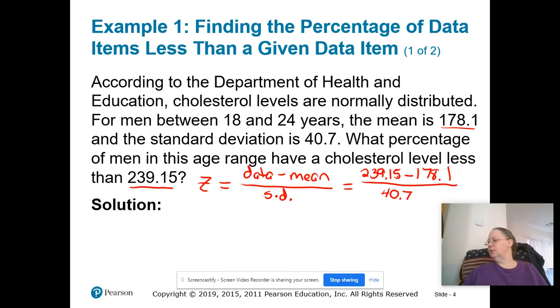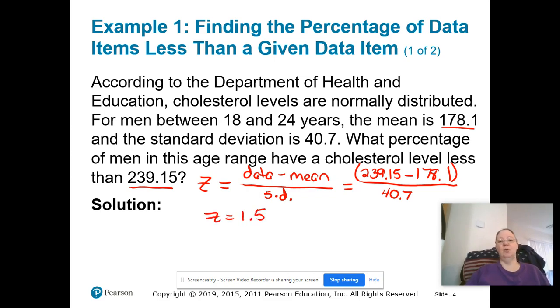Be careful when you're doing this on your calculator because you need to use order of operations. You need to do the numerator first, push equals, divide by the bottom. We get a z-score of 1.5.